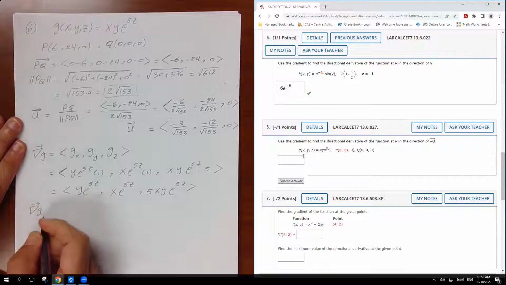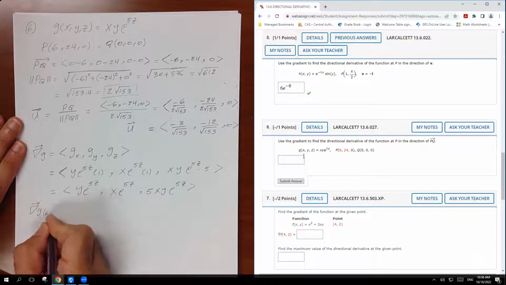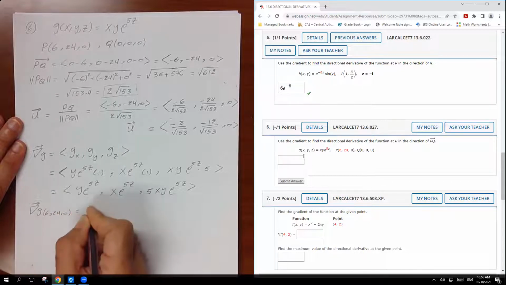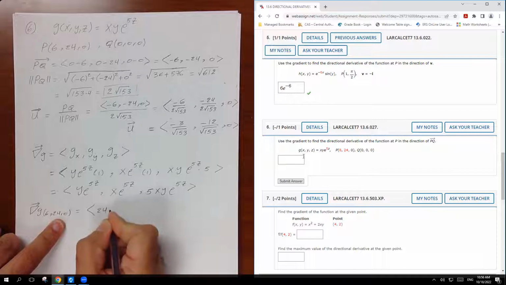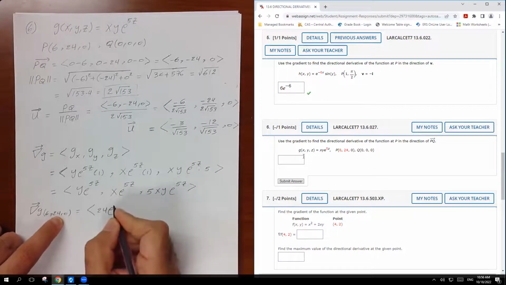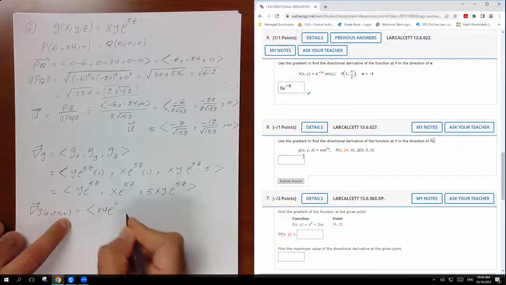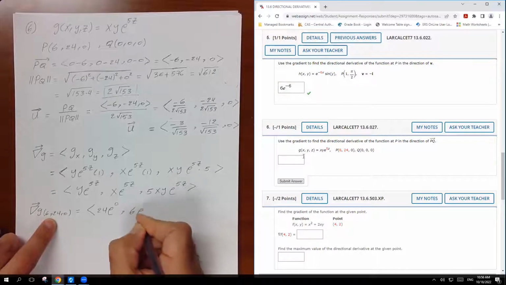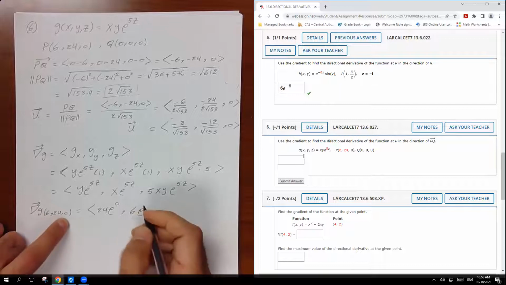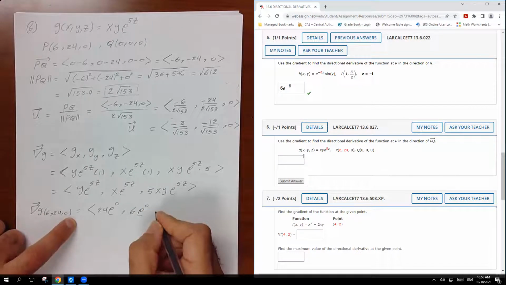G at the point 6, 24, and 0 is going to be 24, which is the y, e^(5 times z) is e^0, so 24. And here is x is 6, e^(5 times 0) is 0, so 6.